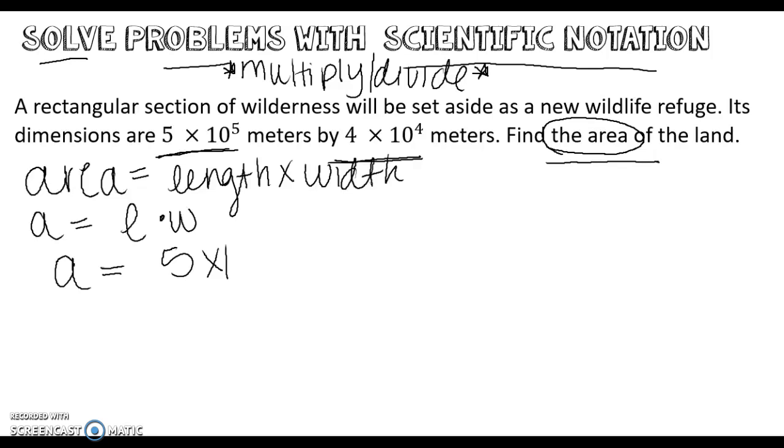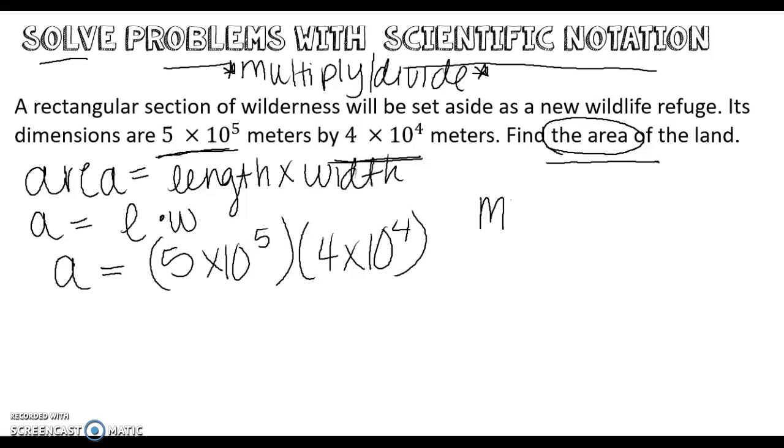So 5 times 10 to the 5th times 4 times 10 to the 4th. And now this looks a lot like what we have been doing at the beginning of the week, where now I can solve this. I'm multiplying in scientific notation.